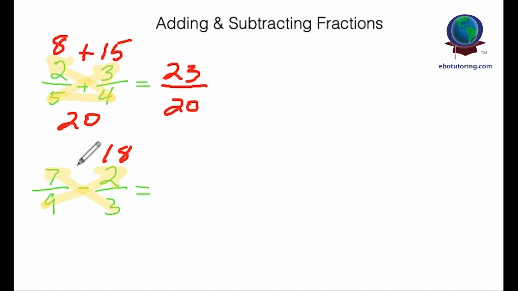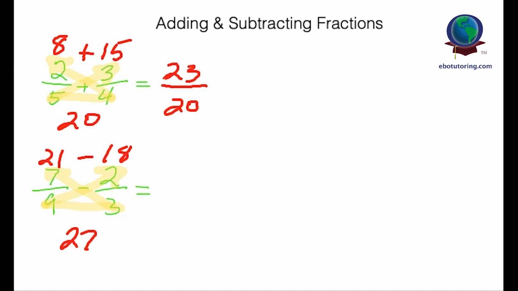Excuse me, I keep forgetting to change the color. I apologize. 21. Got it. And I'll put a minus sign just to begin with. And then we have 9 times 3 at the bottom, which gives us what? 27. 9 times 3, of course we know, is 27.